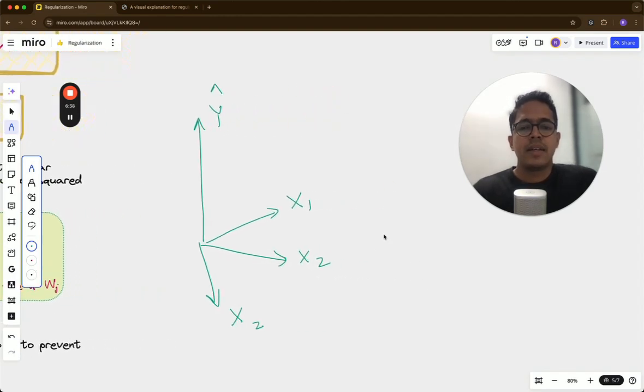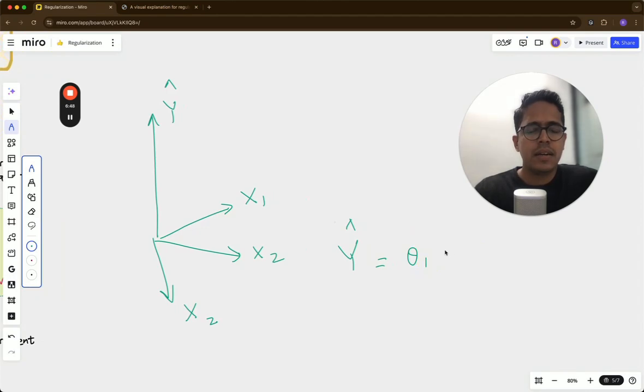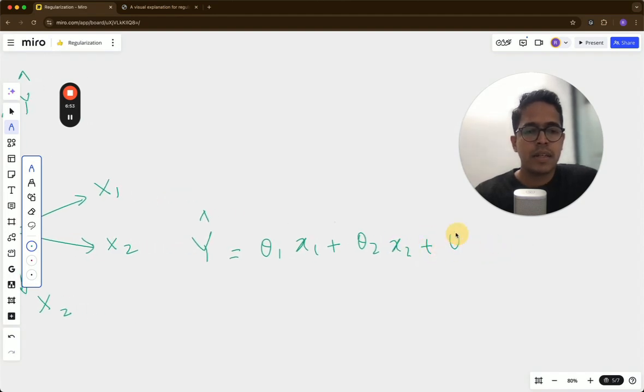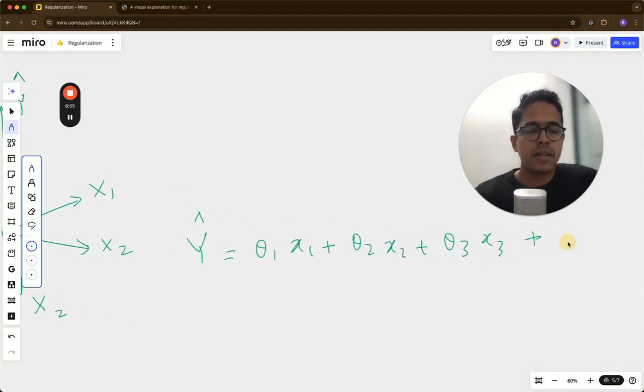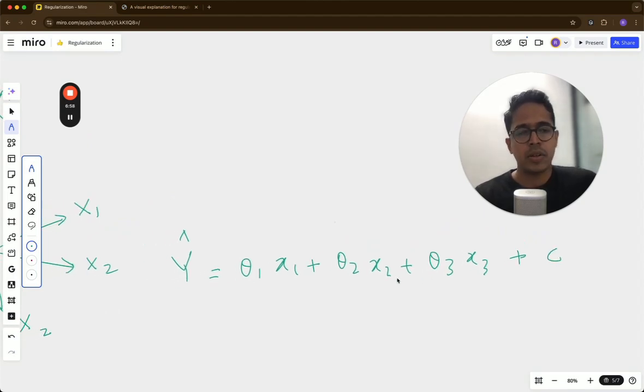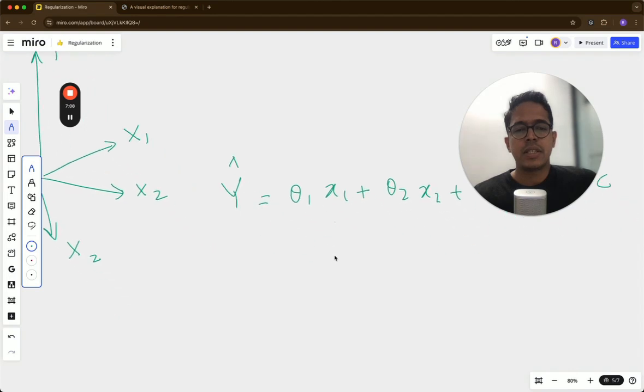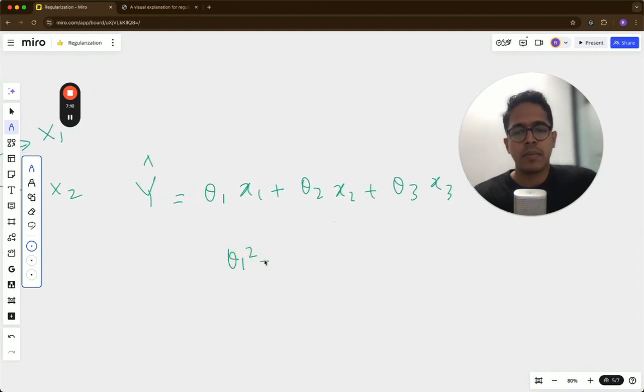In this case, you will have model parameter terms, like y predicted equal to theta 1 x1 plus theta 2 x2 plus theta 3 x3 plus some kind of bias term, which could be a constant. Now, this is a linear regression with multiple dimensions being present. And here, if you look at the sigma wj square term, in this case, it will be theta 1 square plus theta 2 square plus theta 3 square.